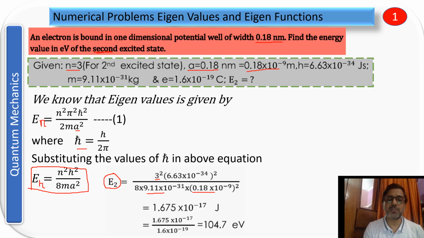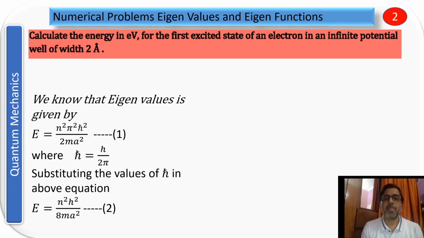All those things we have calculated. So 1.675 into 10 to the minus 17 joules is your value. You divide it by 1.6 into 10 to the minus 19 coulomb. So this value will be coming equal to 104.7 electron volt. So this is one of your easiest problems. Let's move to the next.